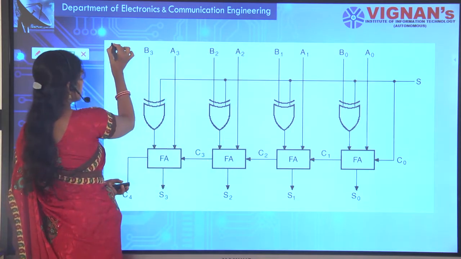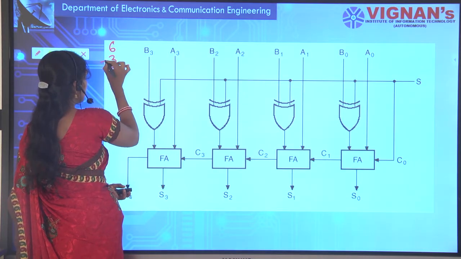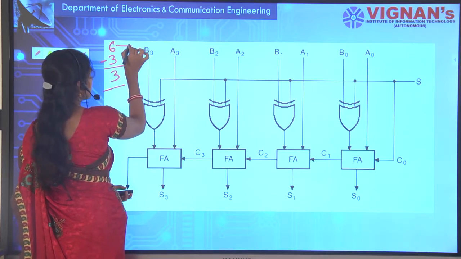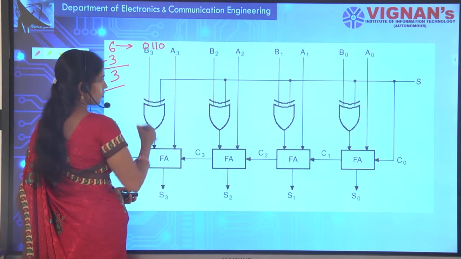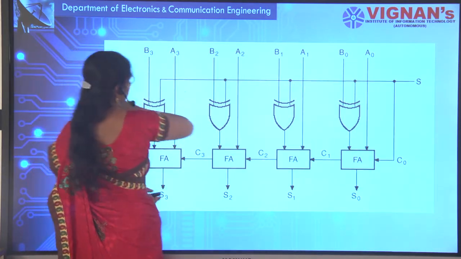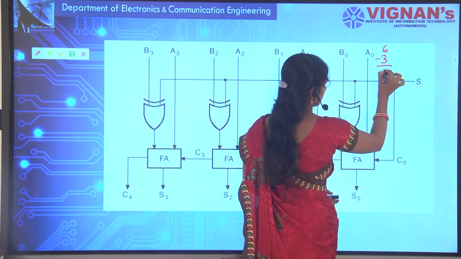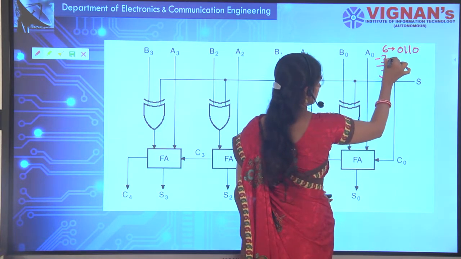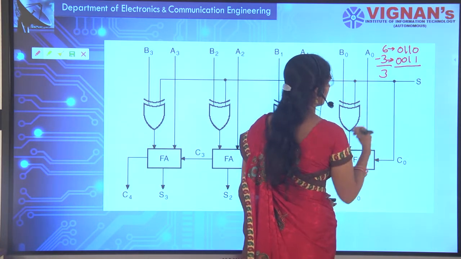As we took last time, 6 minus 3, that is 3. Again, 6 is represented as 0110 and 3 as 0011.